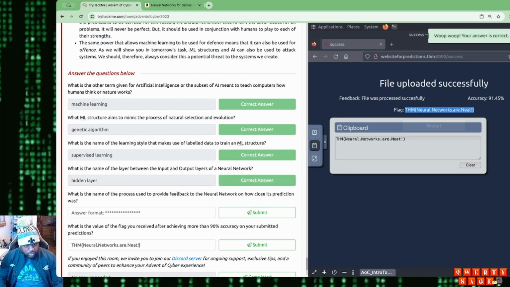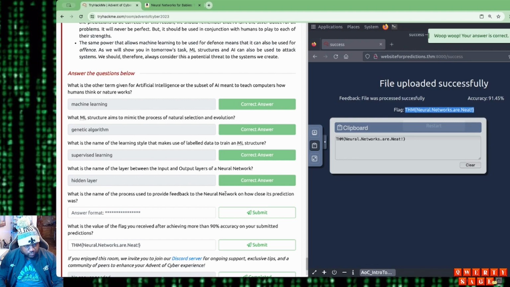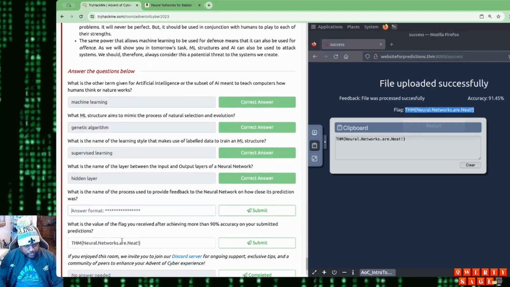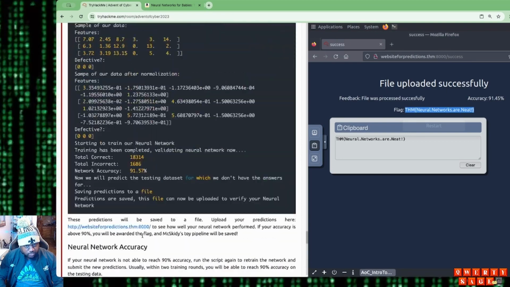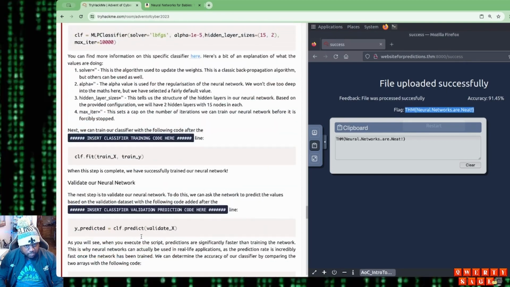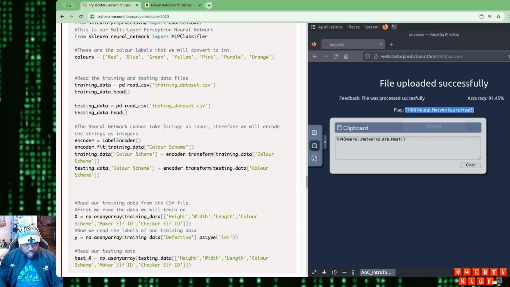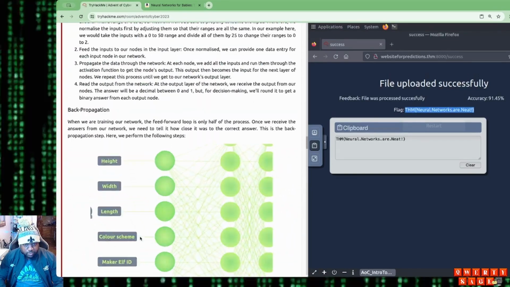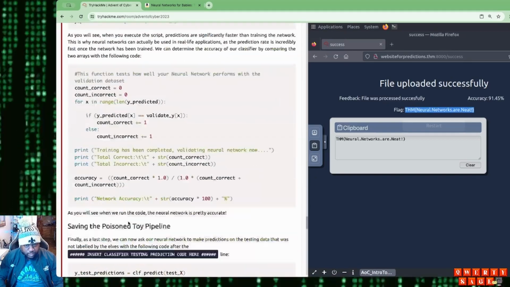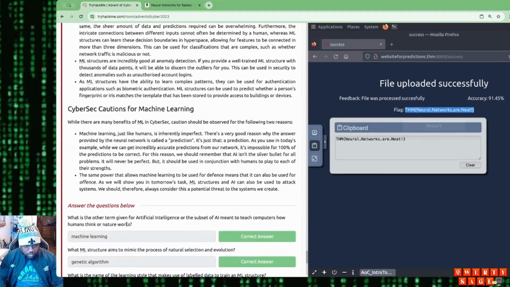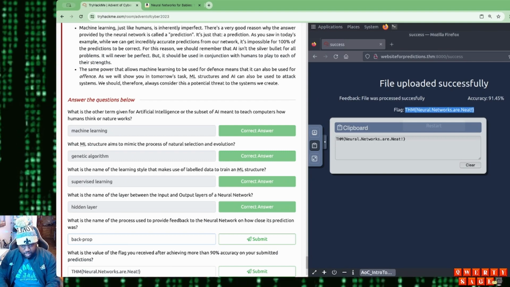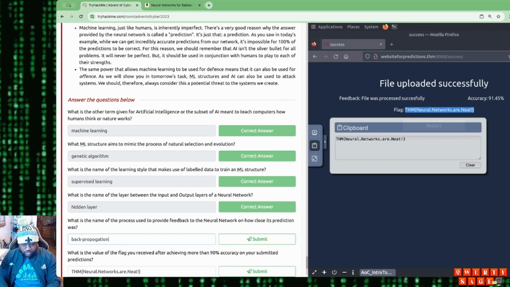The name of the process used to provide feedback, that was called backlogging, back propagation, back feed, back propagation.